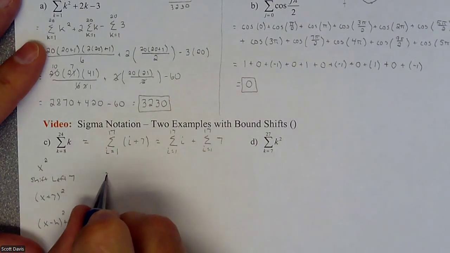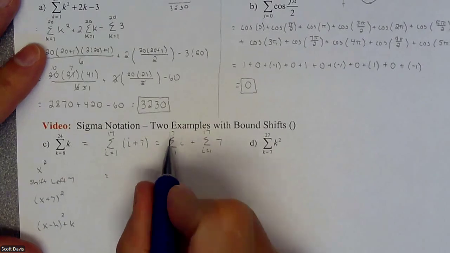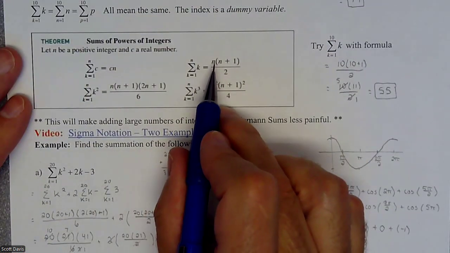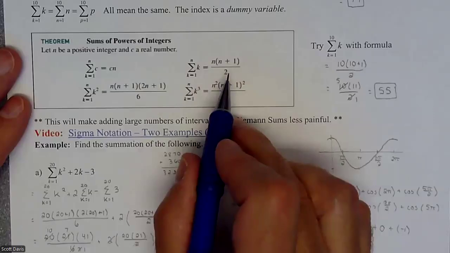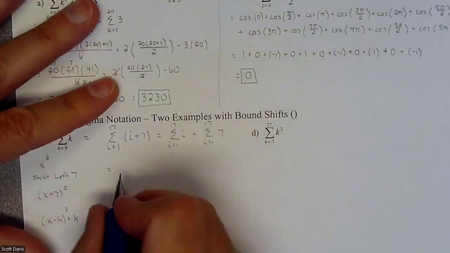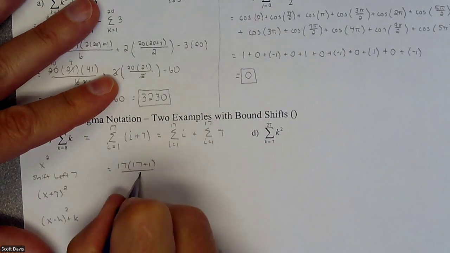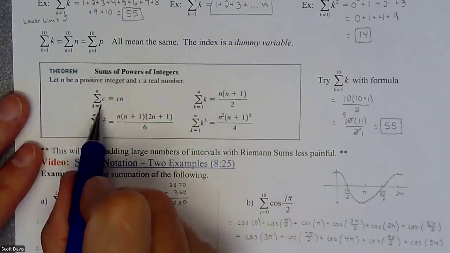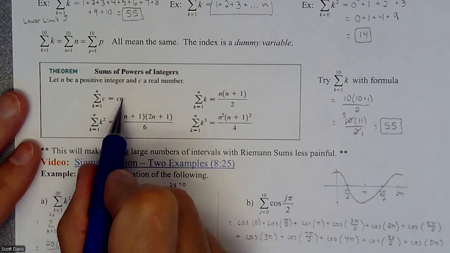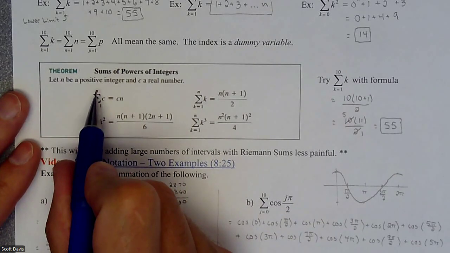So let's plug this in. We're going from 1 to 17, like the formula needs us to do. So we're going to have 17 times 17 plus 1, divided by 2 for that first term, plus, if we have a constant, it's just the constant times whatever the number is that you're going to.